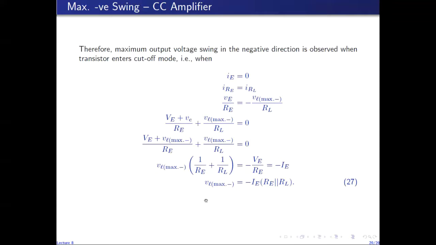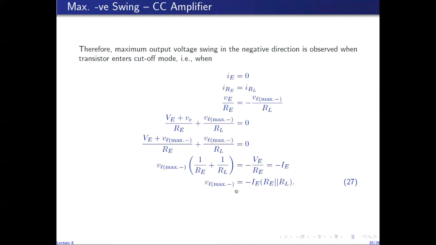And obviously it is negative, because it is the maximum negative swing of the output voltage. So it has to be negative because this is the AC component. So it is the maximum negative peak value of the output voltage for the common collector amplifier.